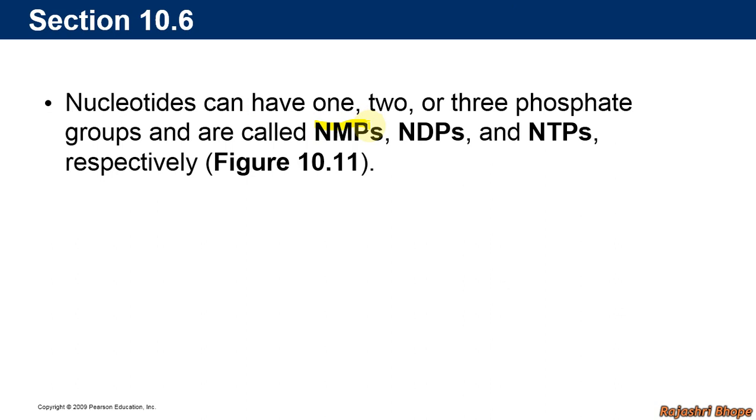If only a single phosphate group is present, it is nucleoside monophosphate, NMP. Nucleoside diphosphate if 2 phosphate groups are present, and if 3 phosphate groups are attached, it is nucleoside triphosphate. Okay, 1 phosphate group, NMP, 2 phosphate groups, NDP, and 3 phosphate groups, NTP.